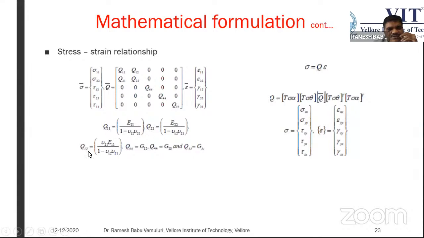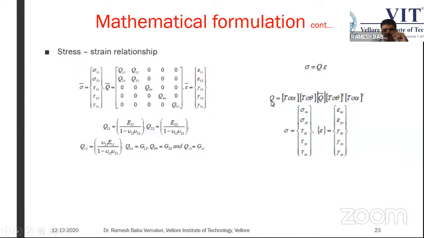Q11, Q22, Q12, Q66, and Q44, and there is a Q55. These are the two transverse shear terms. Then for this Q, we got a local to global transformation on the composite, so we got this Q after the transformation.